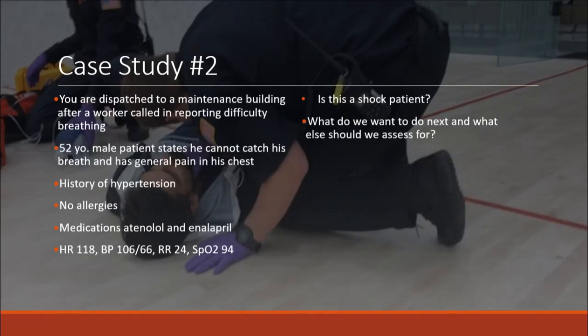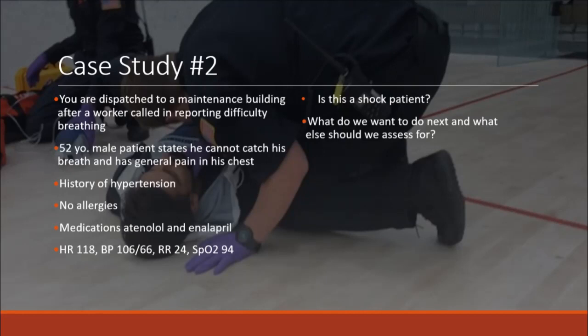Vital signs: heart rate is looking a little high, not as high as the last guy, but still up there. BP is looking a little on the low side, respirations are up again, and oxygenation is down. So is this a shock patient? It's kind of on the border here.